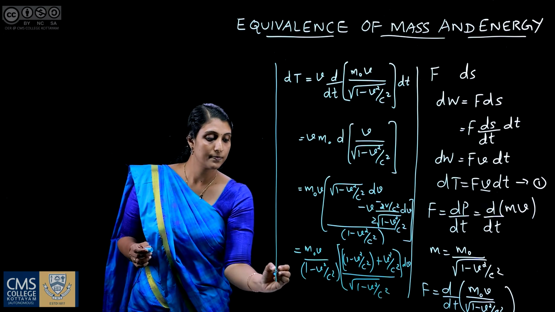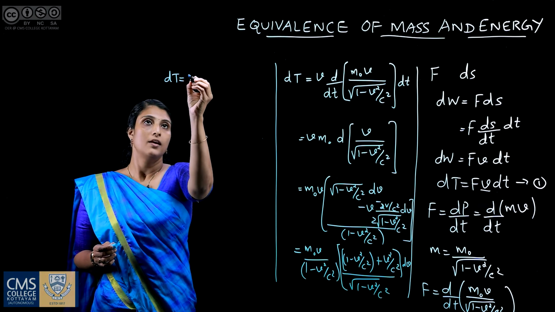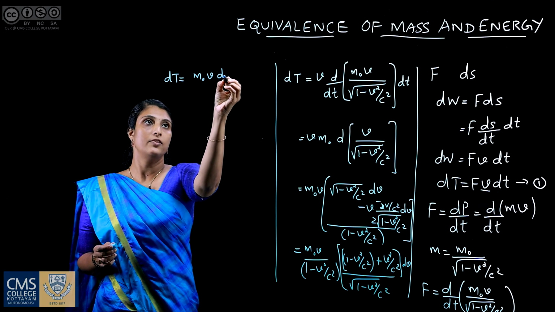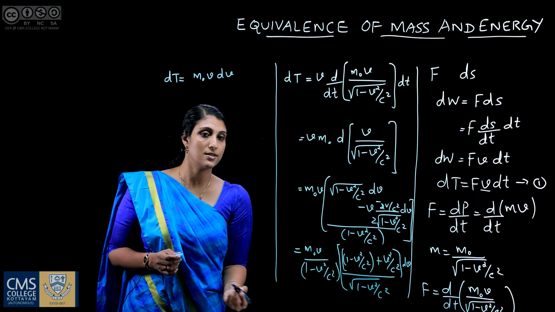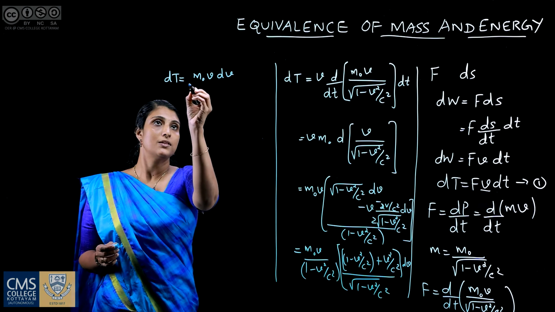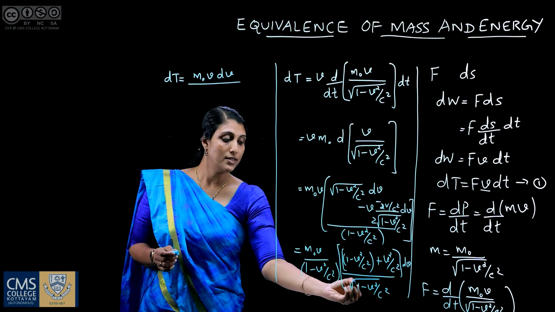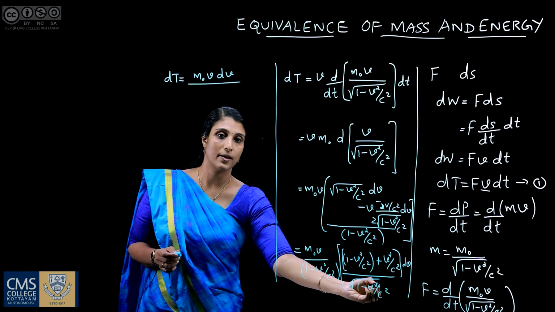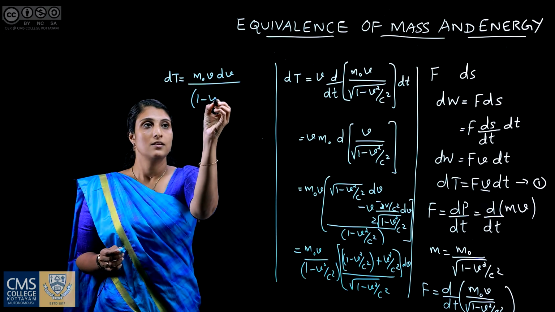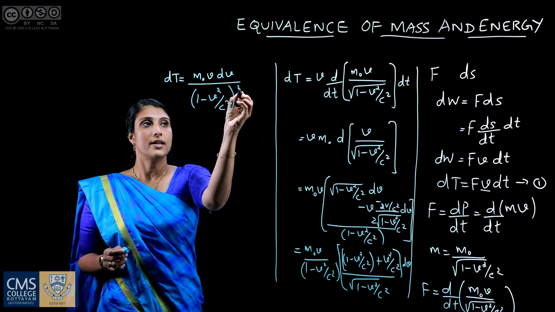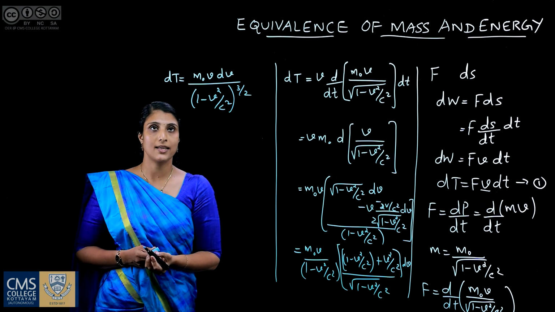So, dT equals m0 v dv. The minus v square by c square and plus v square by c square get cancelled, and the remaining term is m0 v dv divided by 1 minus v square by c square to the power 1 plus 1 by 2, that is 1 minus v square by c square whole raised to 3 by 2. So, we got the expression for change in kinetic energy.